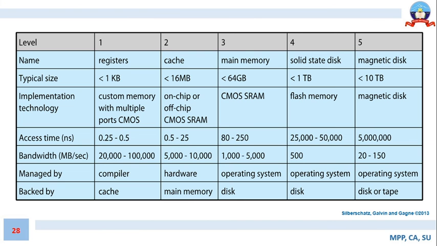Then we made a comparison between various types of memory by taking into consideration size, implementation technology, access time, bandwidth, managed by and supplemented by as a basis for comparison.